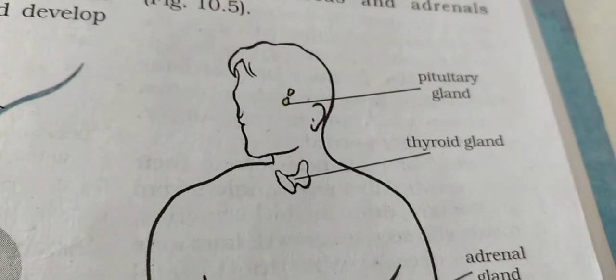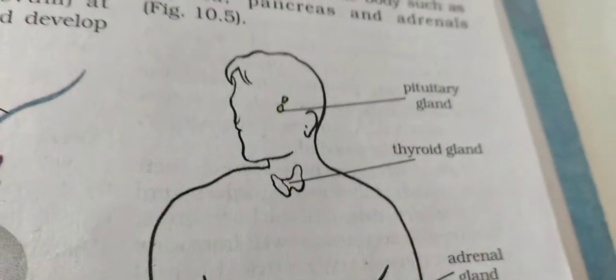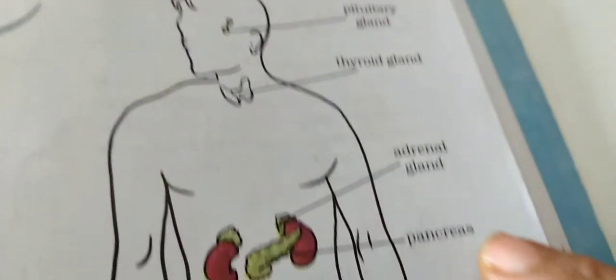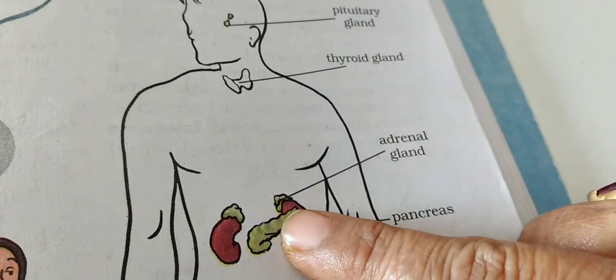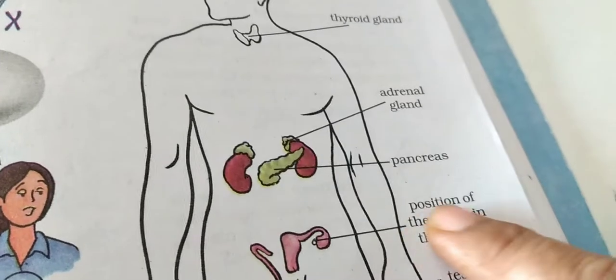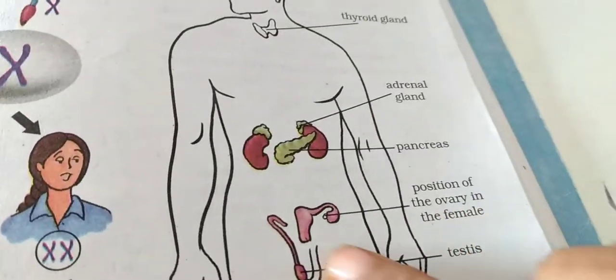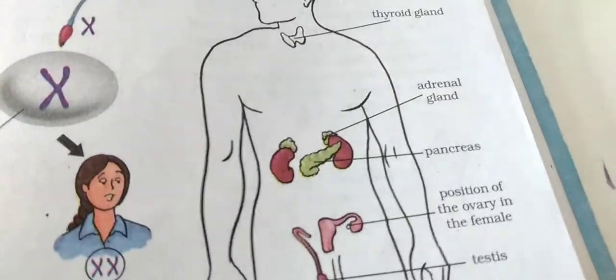Now the other endocrine glands are the thyroid, which is situated here in the neck, then the adrenal gland, pancreas, and then you can see the position of the ovaries in the female and the testis in the male. So these are the endocrine glands.